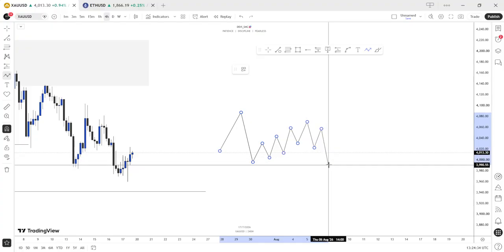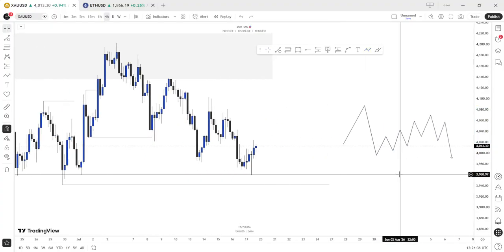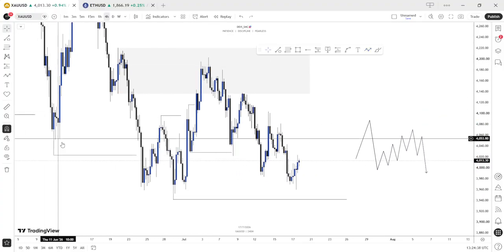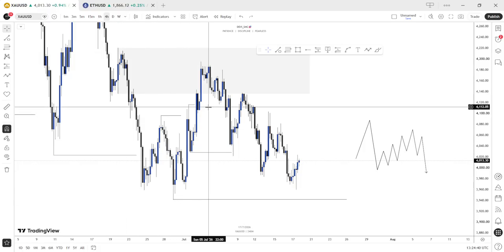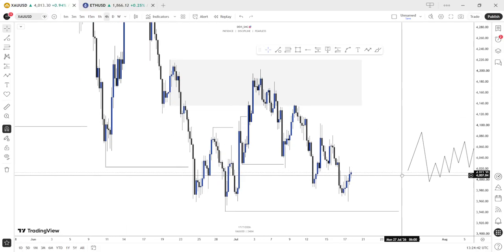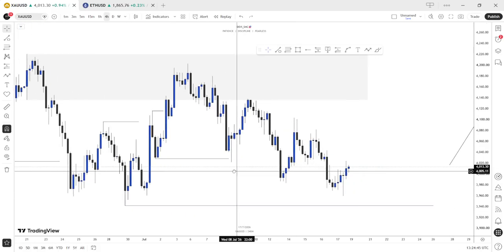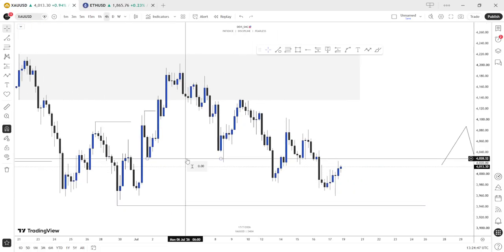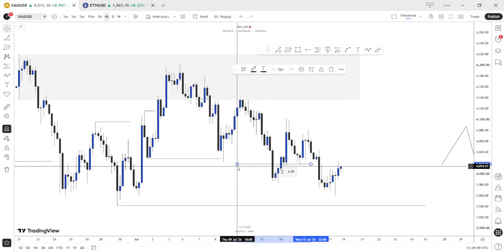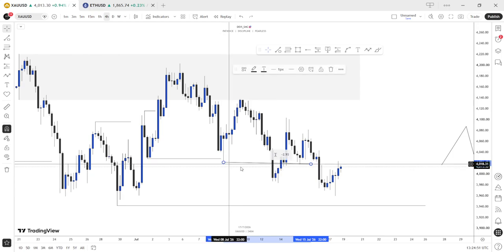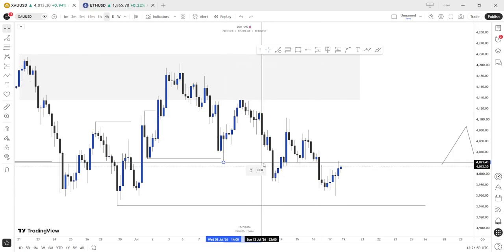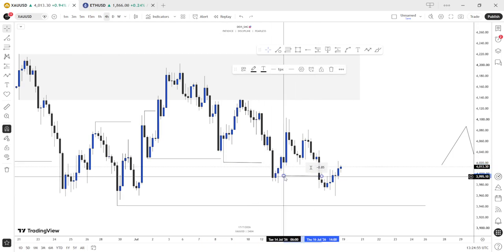You have to understand market structure. You can see it happening over here, right? It happens every time, everywhere in the market. So that is what we basically follow to get our daily, weekly, monthly bias, right?